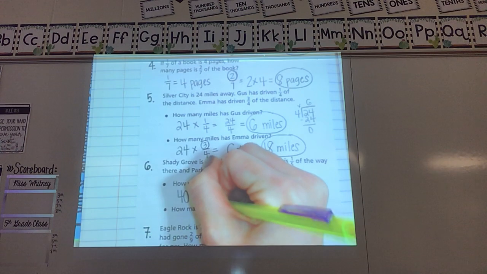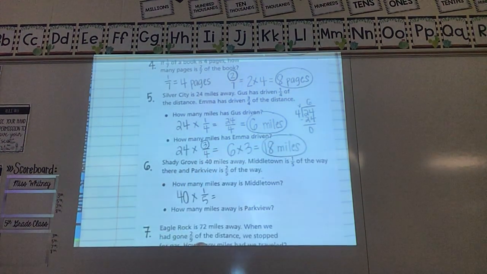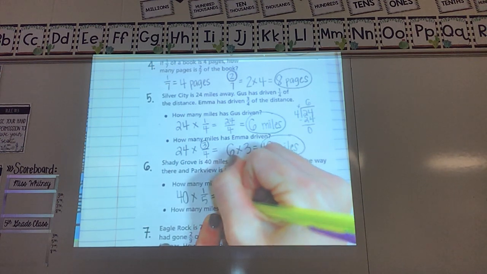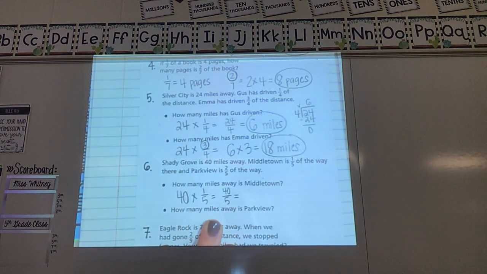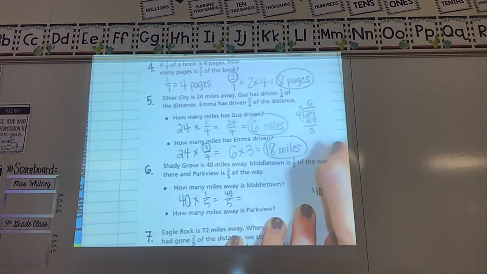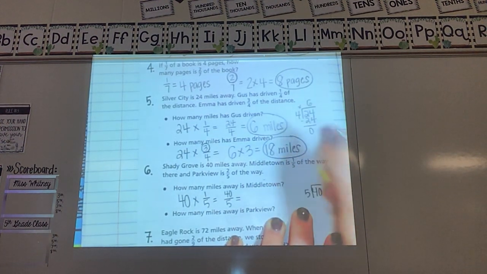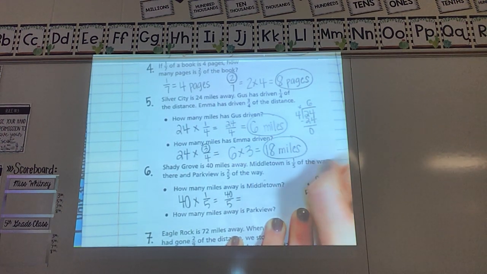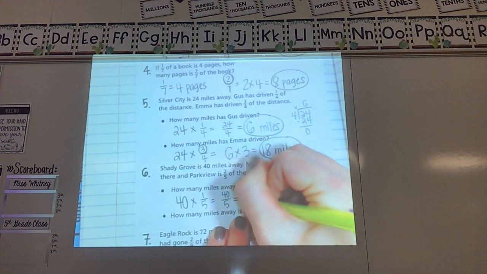So 40 times 1/5, what would that give me? 40/5. I can't leave it like that. How do I fix an improper fraction? Divide. 40 divided by 5 would be 8. No remainder there, so my final answer would be 8 miles.